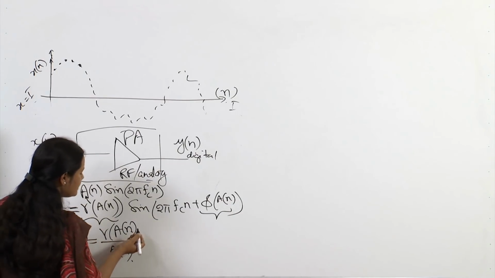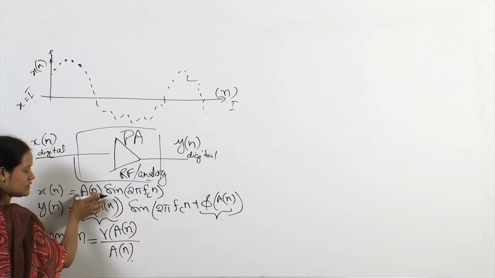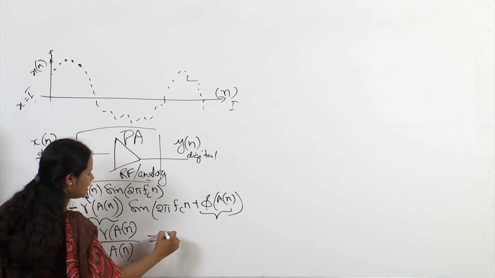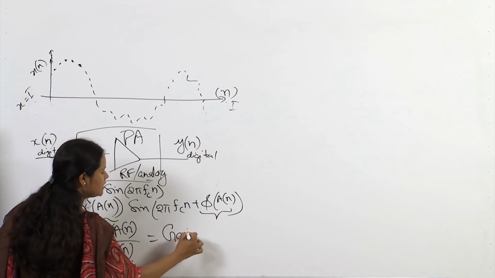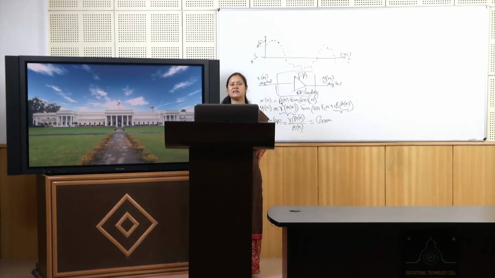What is this? This is basically the amplitude of the output divided by the amplitude of the input, and by definition it is simply gain. So, whenever we talk about AM/AM, it is simply the gain of the power amplifier.